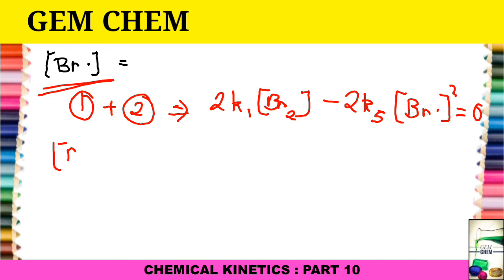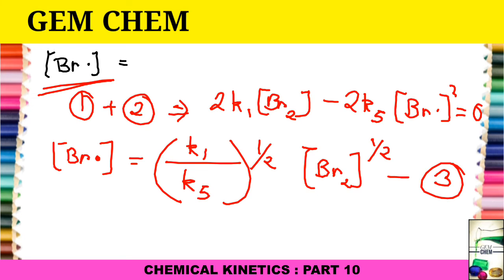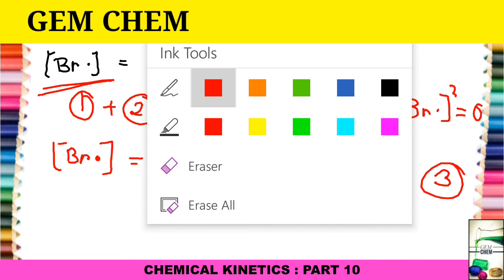So our Br dot concentration comes to be (K1 by K5) to the power half, Br2 to the power half, and we will substitute this value for the concentration of H dot.